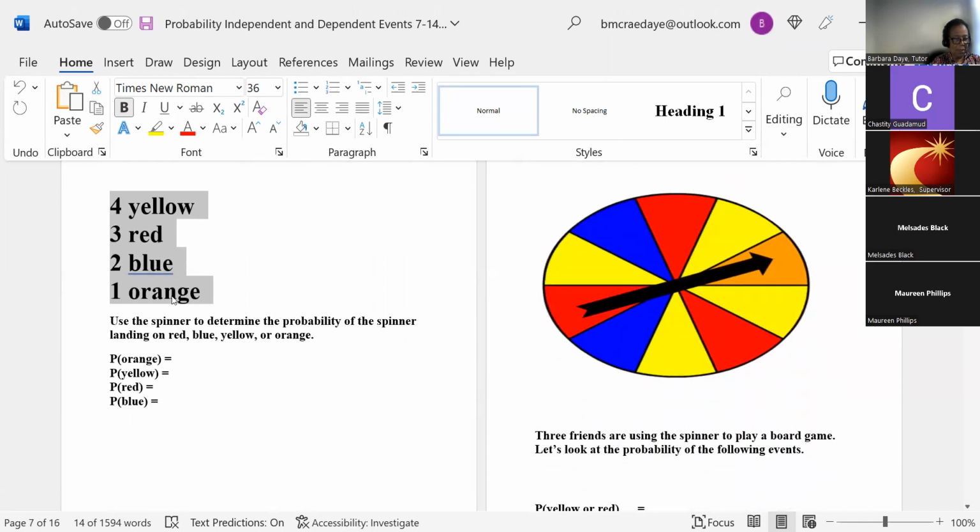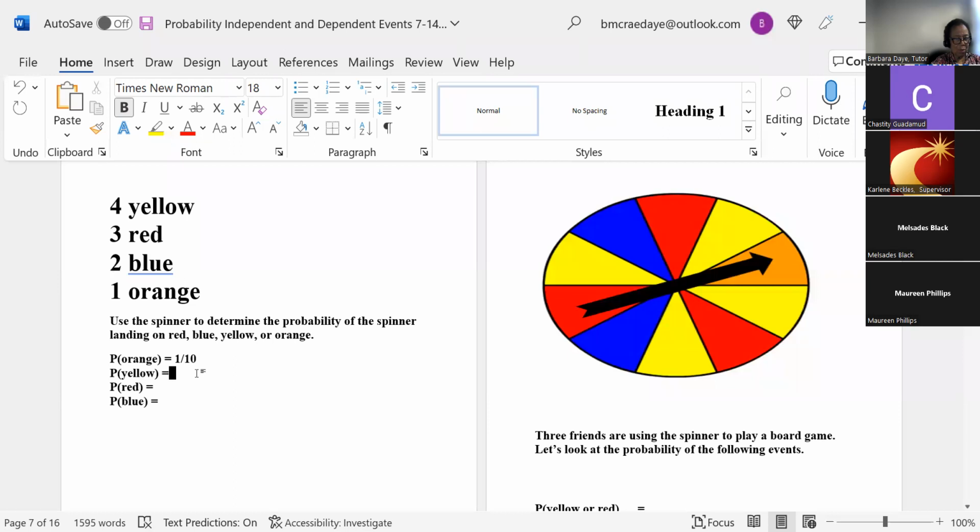What's the probability of getting an orange? 1 to 10. That's right. There's only 1 orange, total 10.